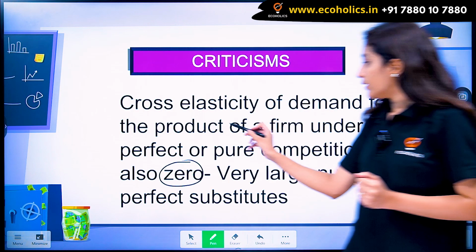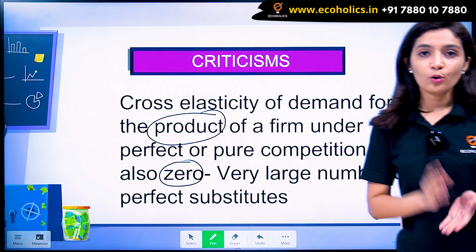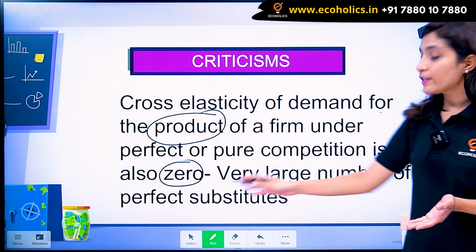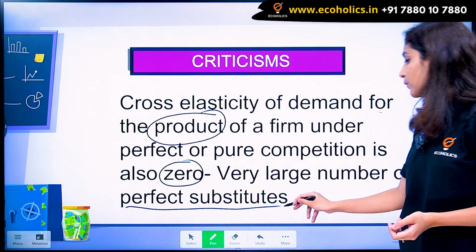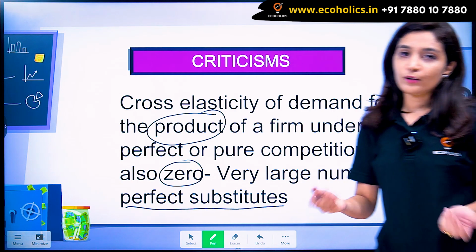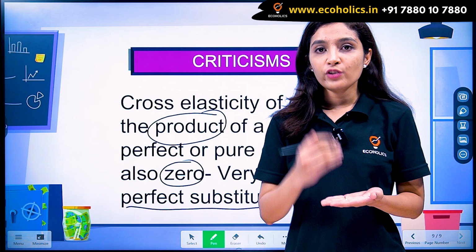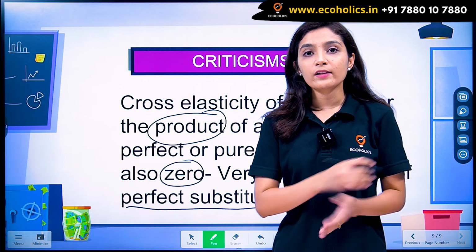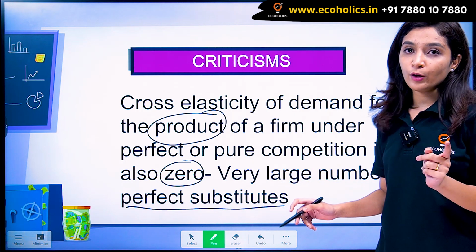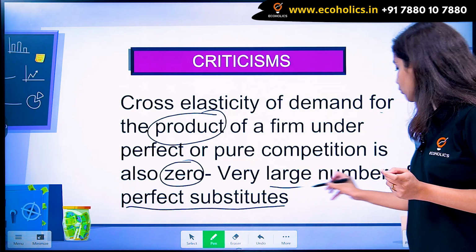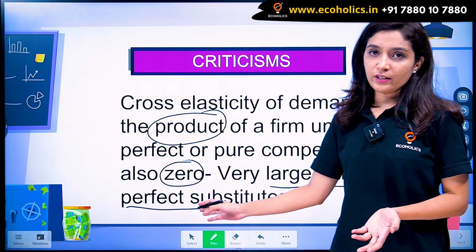The product that he produces is homogeneous and it is a perfect substitute to the product that other firms are producing. So the effect of the change in price is going to get spread among a large number of firms, because in case of perfect competition, we have a large number of firms that are producing a homogeneous product.